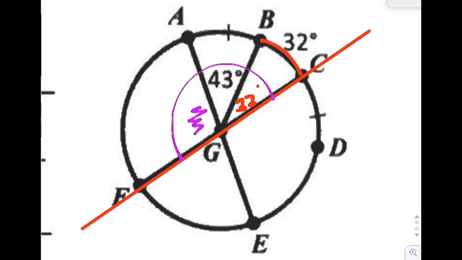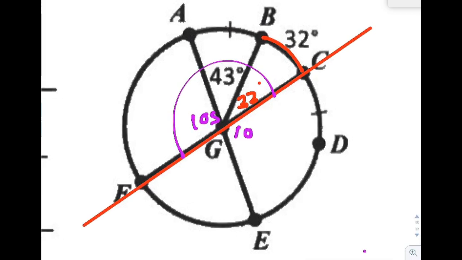So I can figure out this one by taking 180 and subtracting 43 and 32, and that leaves me with 105 degrees here and 105 degrees there, because those are vertical. 105 is supplementary with 75 on that side. So I haven't even looked at the questions yet, but I know that I have that much information.